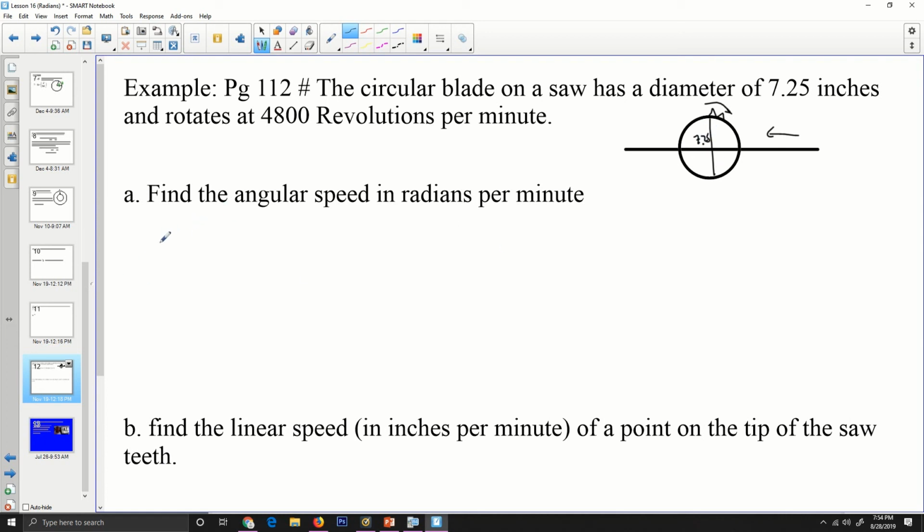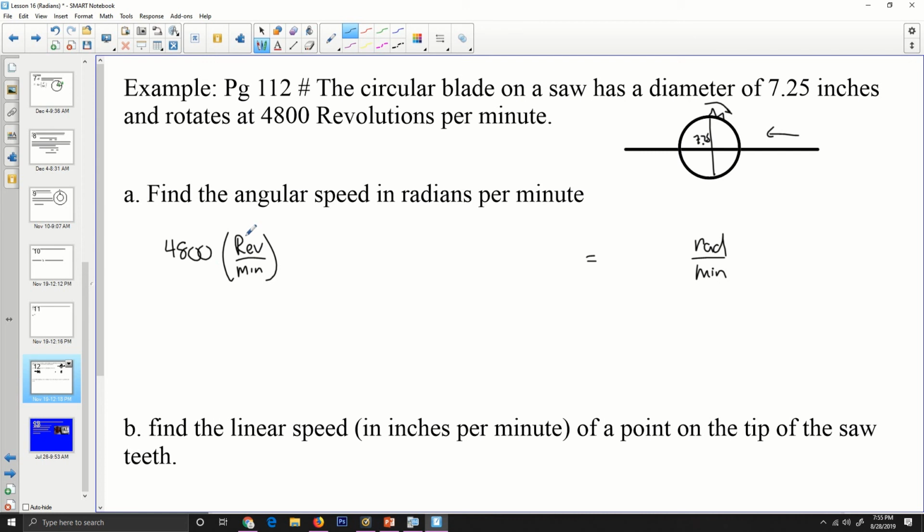So we're starting with 4,800 revolutions per minute, and we're trying to get to radians per minute. This becomes a unit analysis. We already have minutes on the bottom, so that's good.